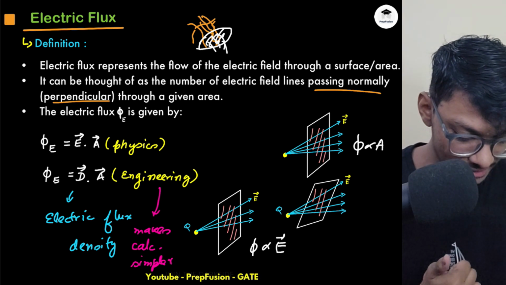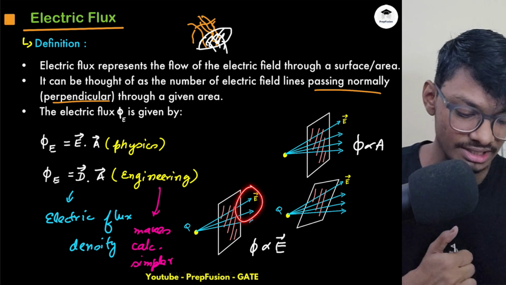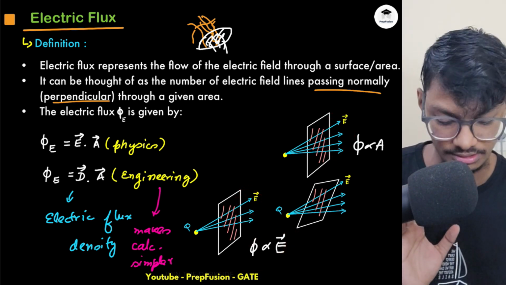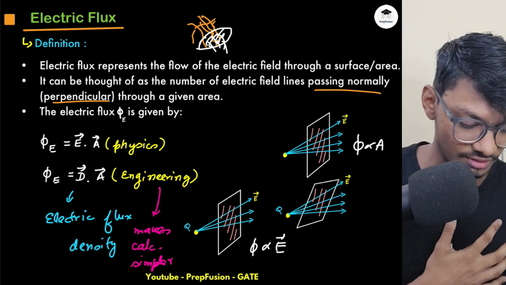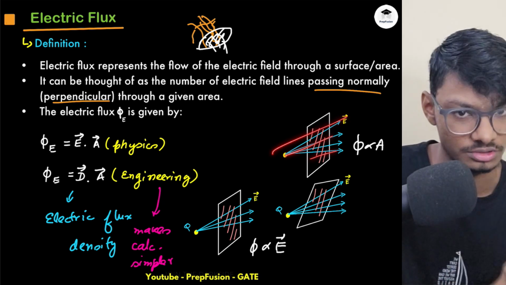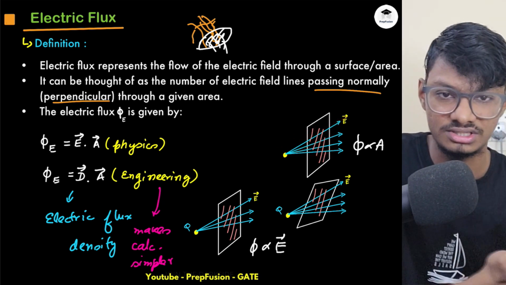If there are more lines, like here are 4 lines, here are 3 lines, here there will be less flux, here there will be more flux. If the area is bigger, more lines will cross, and the more lines that cross through the surface, the more flux I have.